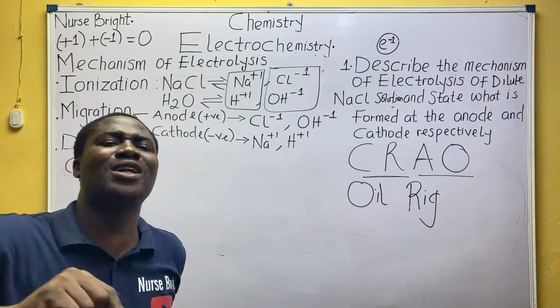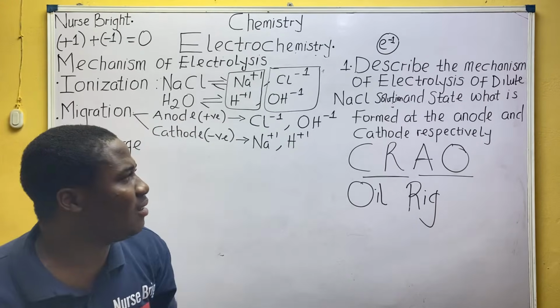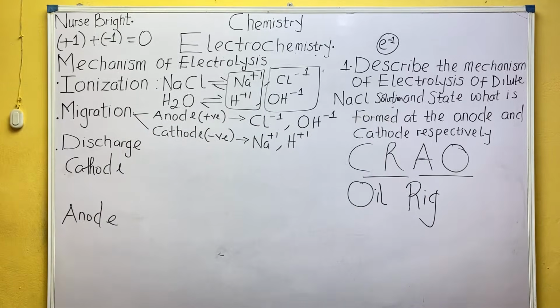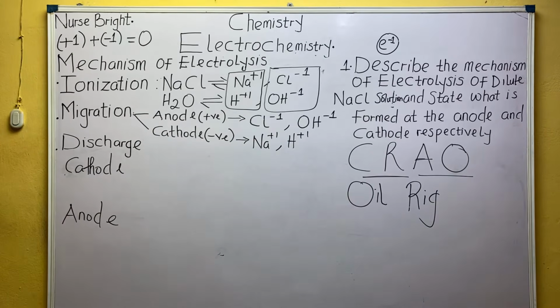The first factor that will determine the ion that will be discharged is the position of the ion in the electrochemical series. I'm going to list out all the elements that form the electrochemical series for us so we understand what is happening. I'm going to work on that in this part of the board.